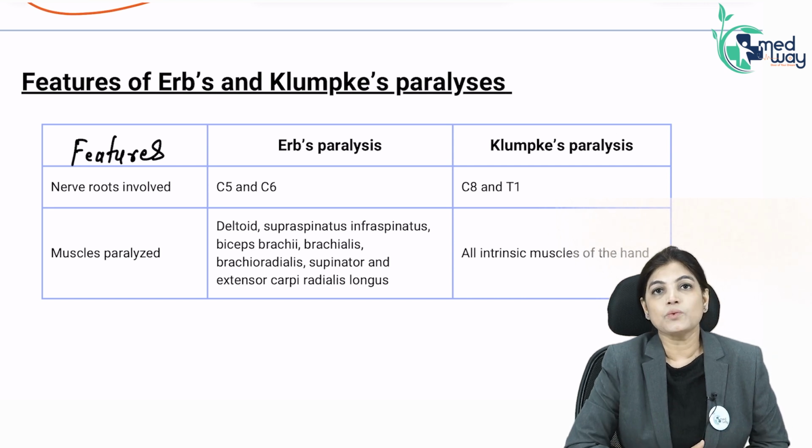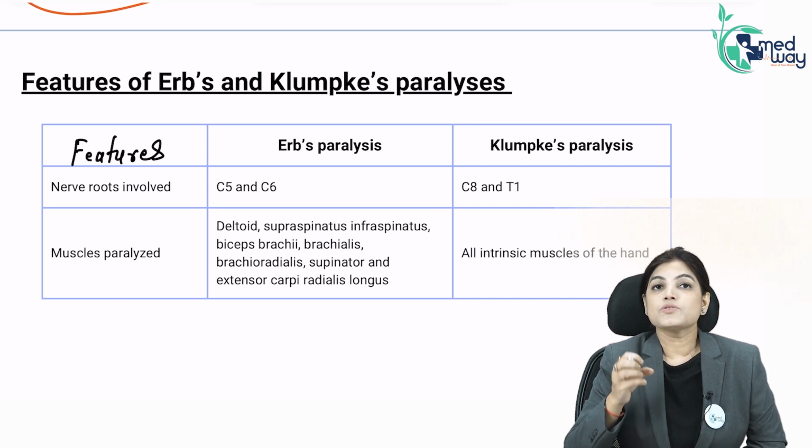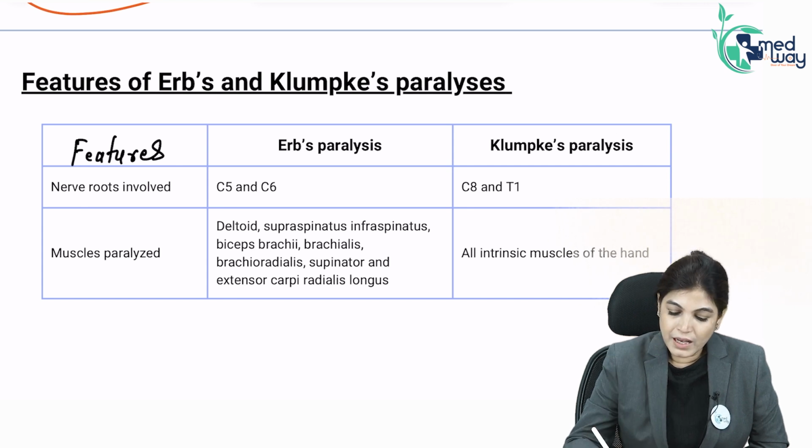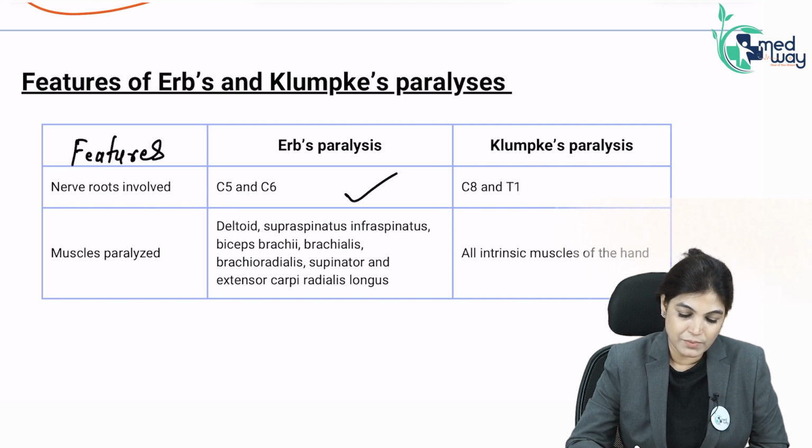Upper trunk is formed by the contribution from C5 and C6 nerve roots, so the nerve roots involved in the upper trunk are C5 and C6. Klumpke's paralysis will be involving C8 and T1.